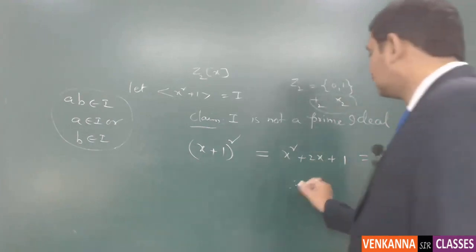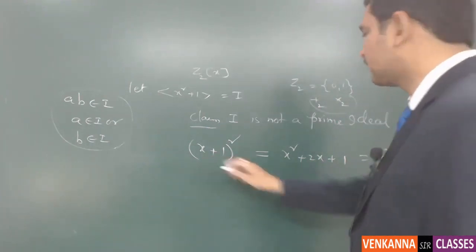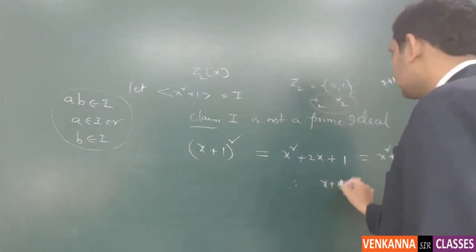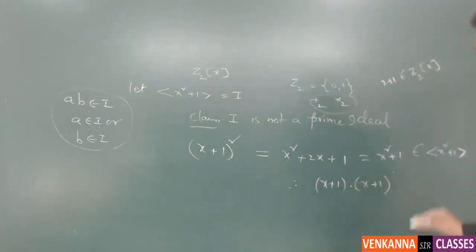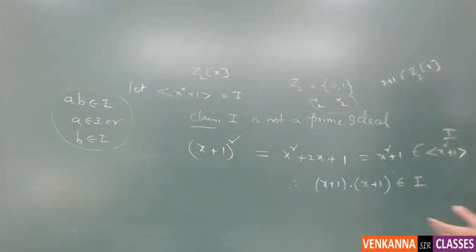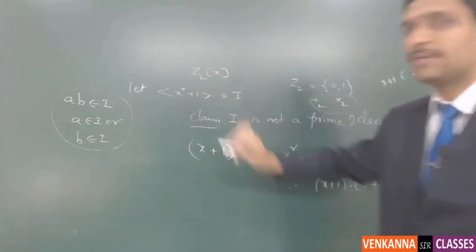So what did you get? x plus 1 whole square is nothing but x plus 1 dot x plus 1, and the result belongs to I. But we definitely say that neither x plus 1 nor this x plus 1 is an element of I. These are not at all elements of I, because x square plus 1 is the generating element.